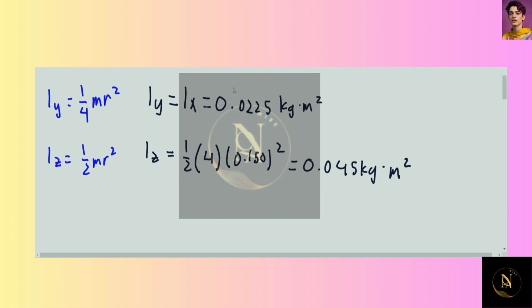So now to find the angular momentum about the point C, this is equal to I of x times omega x i plus I of y times omega y j plus I of z times omega z k. So we can plug in the calculated values.